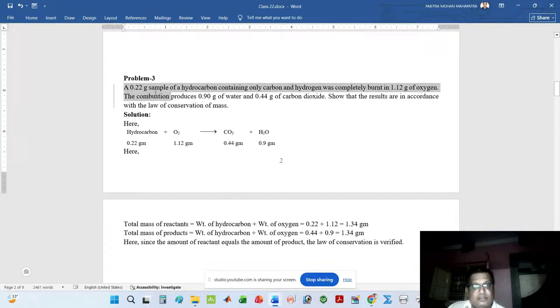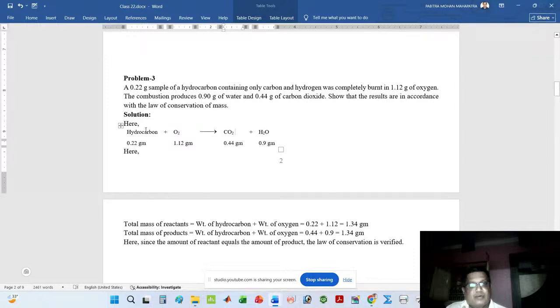A 0.22 gram sample of hydrocarbon containing only carbon and hydrogen was completely burned in 1.12 gram of oxygen. Look at that, again I want to read it. Here, the hydrocarbon is the reactant and oxygen is also another reactant.